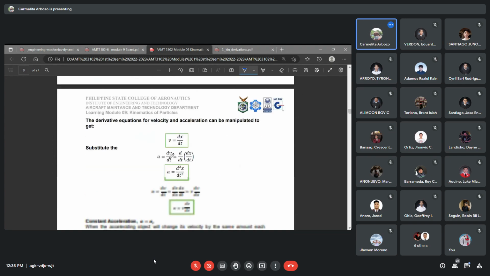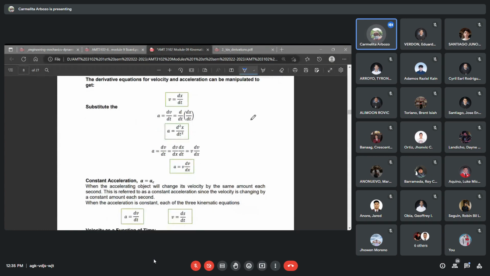Nakuha po? So, the derivative equations of velocity and acceleration can be manipulated. Okay, so for example, velocity is equal to the derivative of x divided by derivative of time. So, ito na yung pinakita ko kanina. So, acceleration can be derived as d squared x over dt squared.